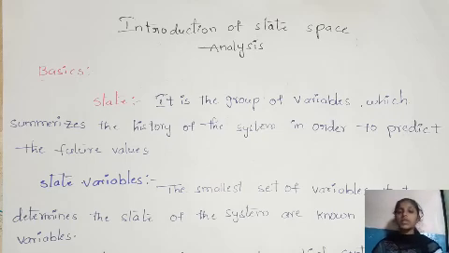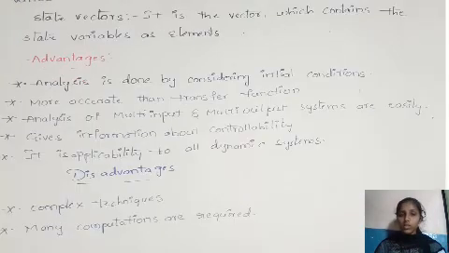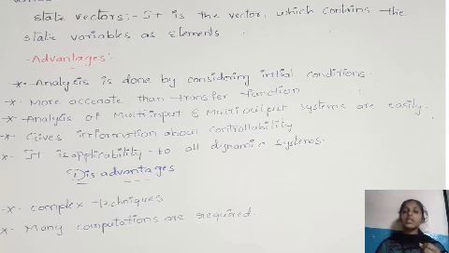This set of variables that determines the state of the system is known as the state variables. Next one is the state vector. A state vector is a vector which contains the state variables as elements.